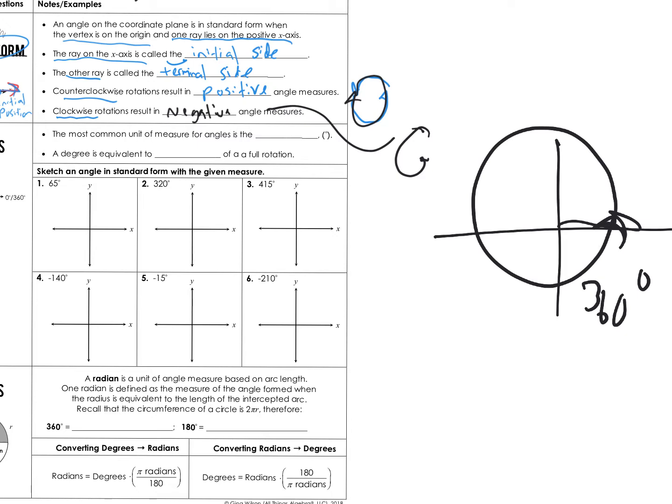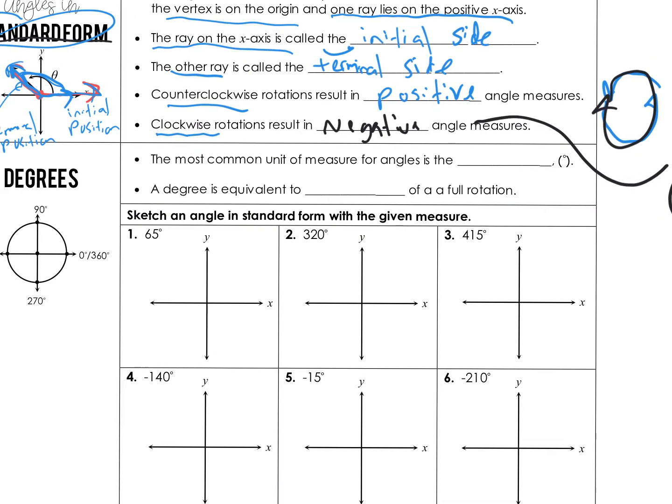What if I only go half a circle? 180. Didn't you have that in geometry? What about just up to here? That would be 90 degrees. How about all the way down to this axis? 270. Oh, okay. You guys are pretty smart.